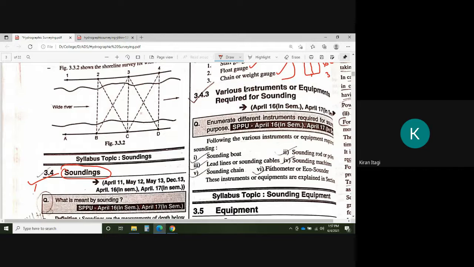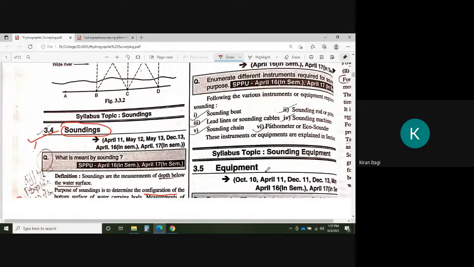Before going to that, various instruments are used for determining the depths. They are sounding board, sounding rods or poles, lead line or sounding cable, sounding machine, sounding chain, and fathometer or echo sounder.